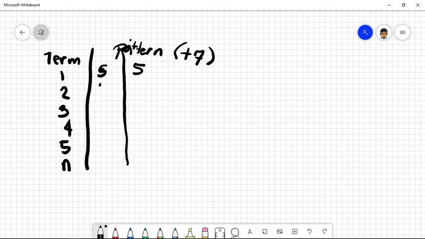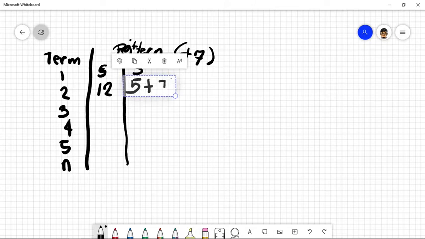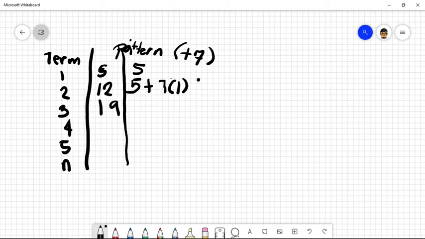Tama? Kung 12 ito, ang first term mo 5, ilang 7 ang in-add mo? Isa. Tama? Isang 7. Okay, next. Kung 19 ito, at ang 5 plus 7 ay 12, ilang 7 ang gagamitin mo?